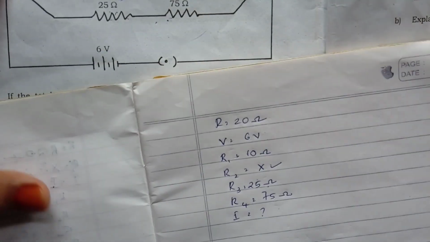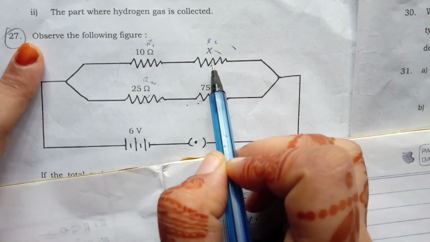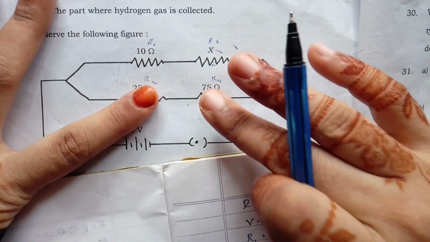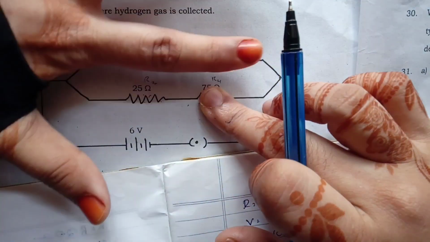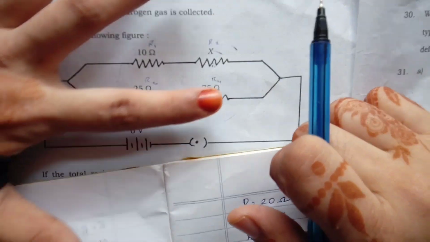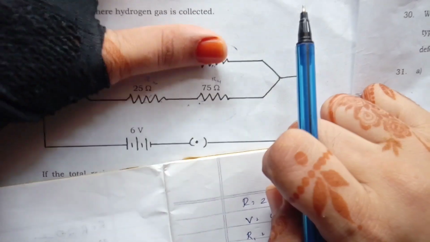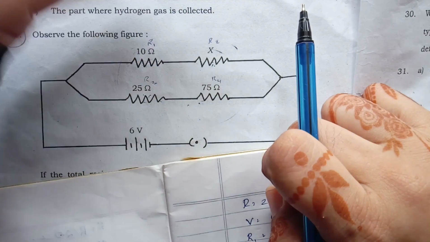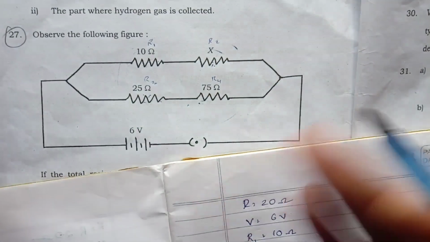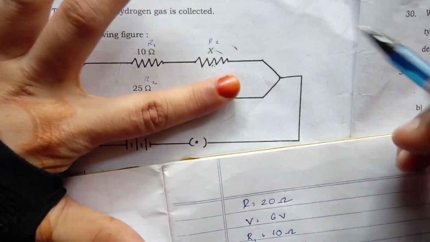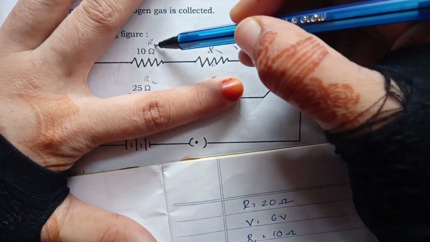Okay, so as you can see here, R1 and R2 are in series, R3 and R4 are in series. So we're going to calculate the value for this separately and then for this separately, and this combination and this combination then are in parallel, right? Okay, we'll go to that later. Now first we're going to solve the series for R1 and R2.